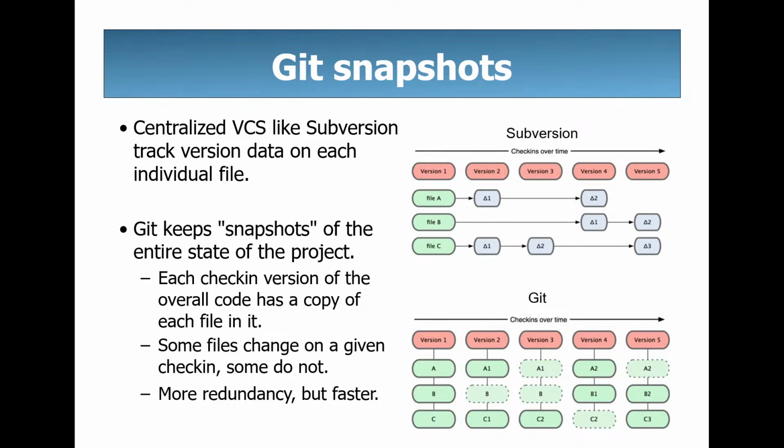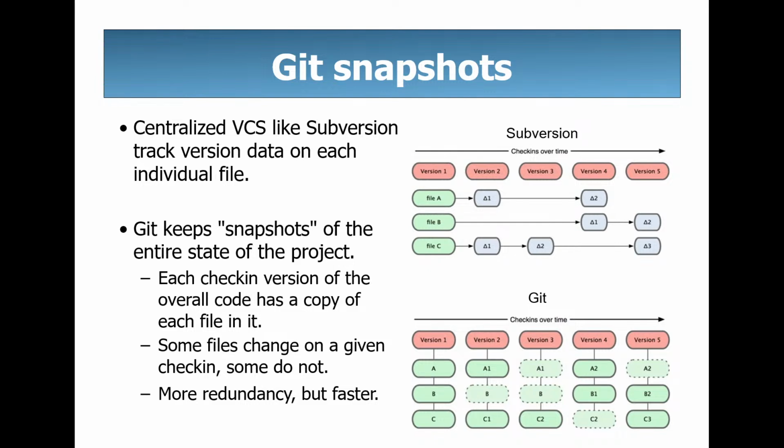This ensures that identical content is stored only once, regardless of how many times it appears in different snapshots. Delta encoding. While Git primarily uses snapshots, it also employs delta encoding in certain contexts to further optimize storage by storing differences between objects.